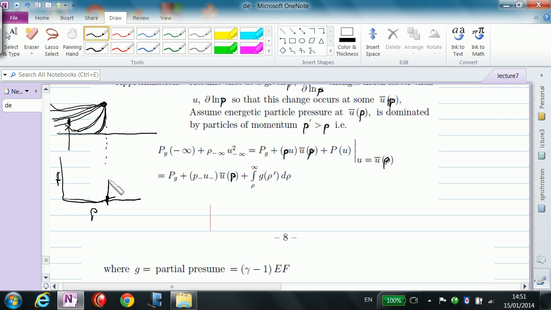So here it's just a power law. Now I don't know what this power law is yet, because I don't know what this velocity is here.